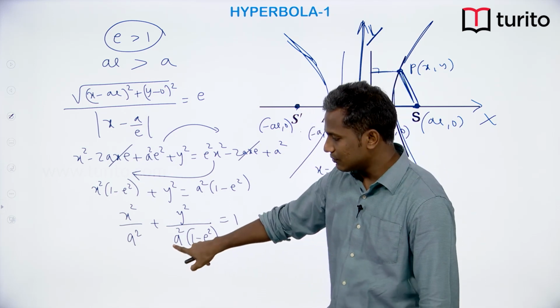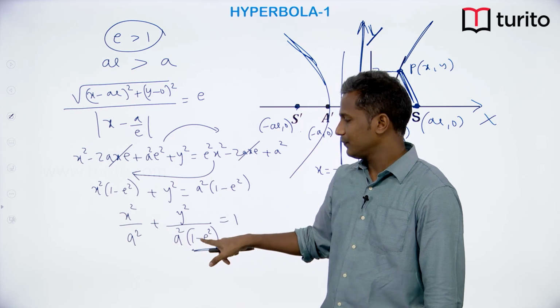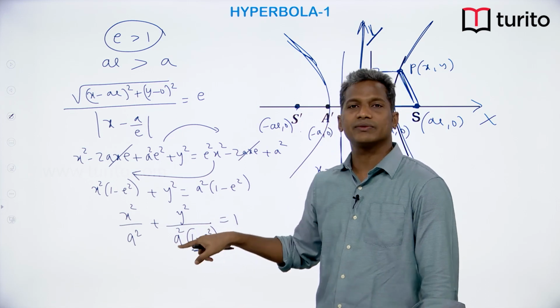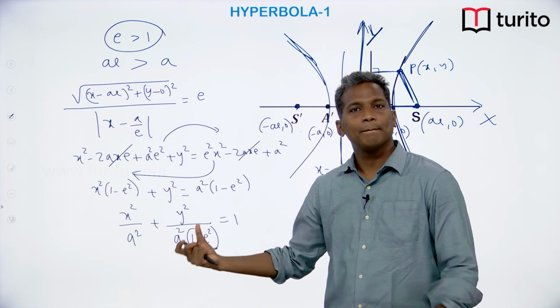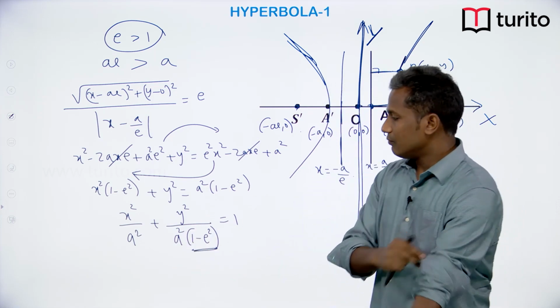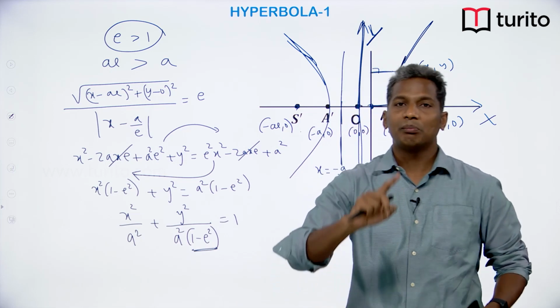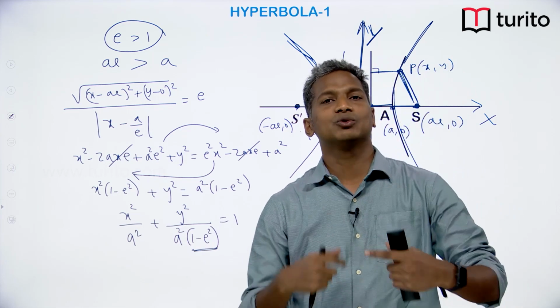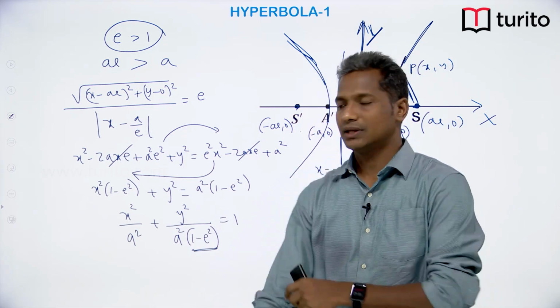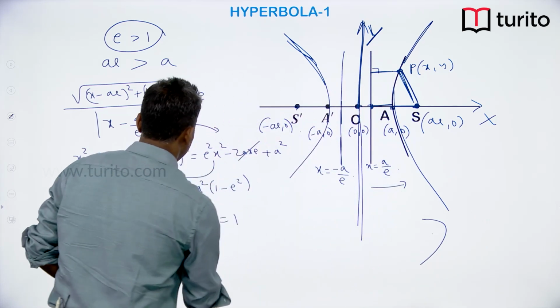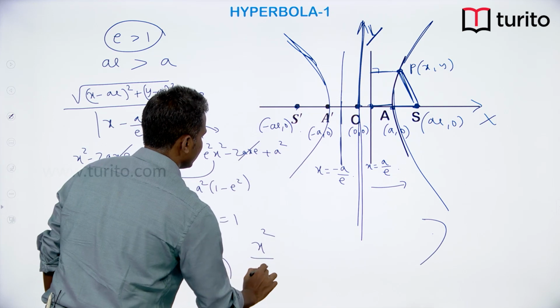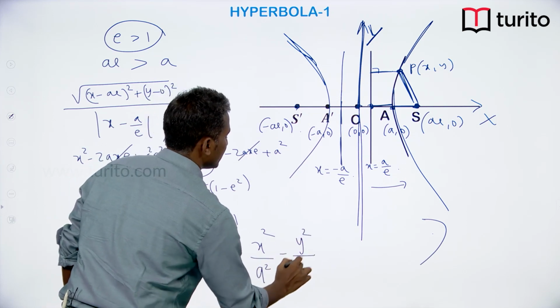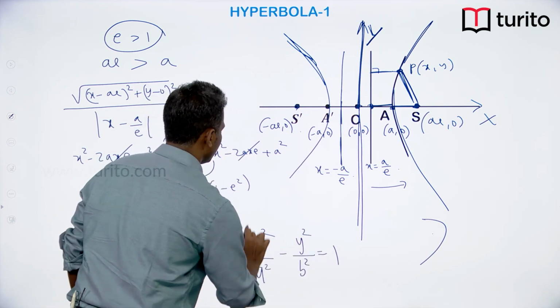Because this value is coming out to be negative, we will not take this as B square. In the ellipse, we take this entire term as B square, but in the hyperbola, we take this entire term as minus B square, just to counter the minus sign. So, the standard equation will look like this: x square by A square minus y square by B square equal to 1.